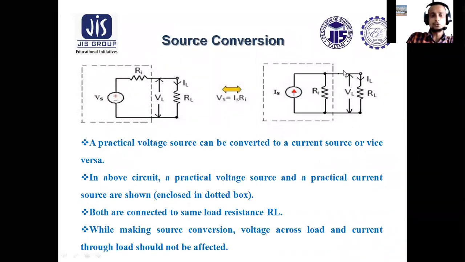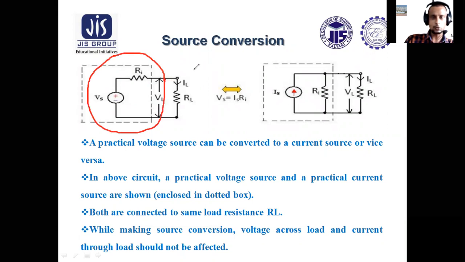Now let us come to source transformation. As I said, a practical voltage source should possess some internal resistance within it. Now this part is the practical voltage source and this is the load. This green circle shows the load RL.